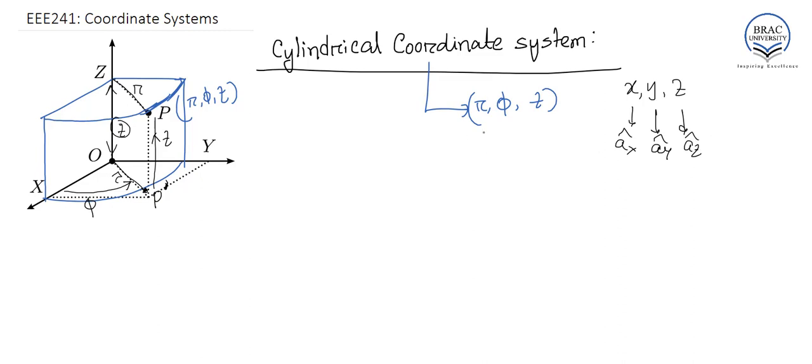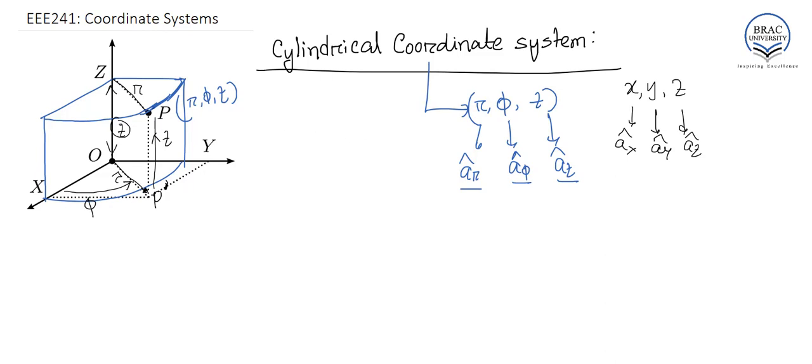And whenever we use the cylindrical coordinate system, we will be discussing ar, a phi, and az. So let's now define these three unit vectors and see how they contribute to the definition of the position vector of P.